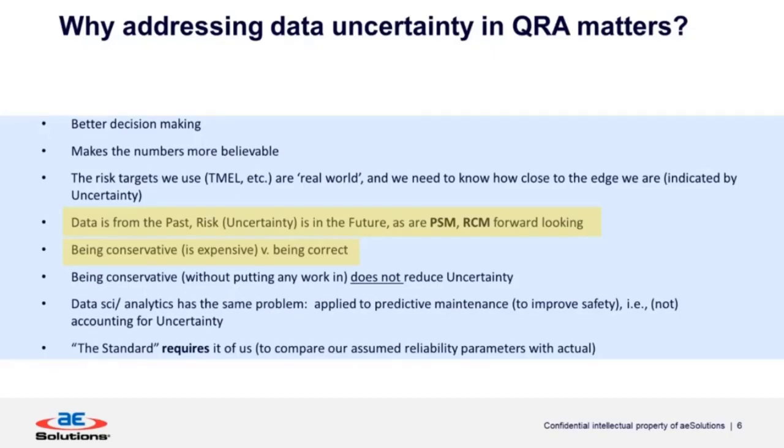And lastly, the standard requires it of us. I think we all know what standard we're talking about. The functional safety standards ask us to compare our assumed reliability parameters with actual. And the only way to do this is to address it through the concept of uncertainty associated with your assumed parameter versus what you actually find in the field.